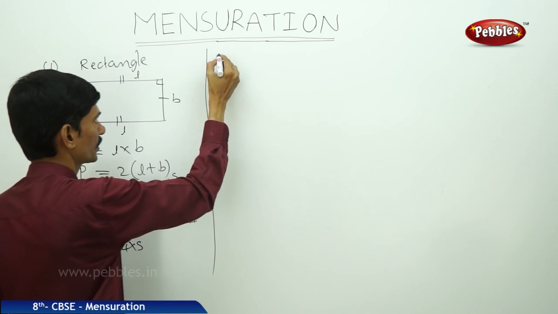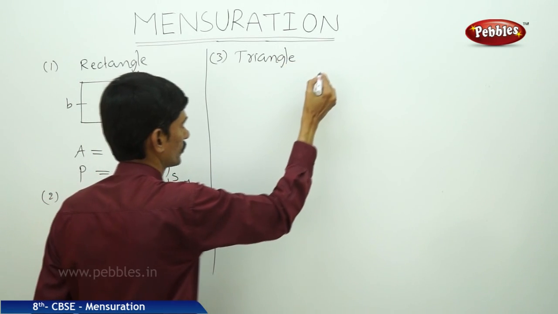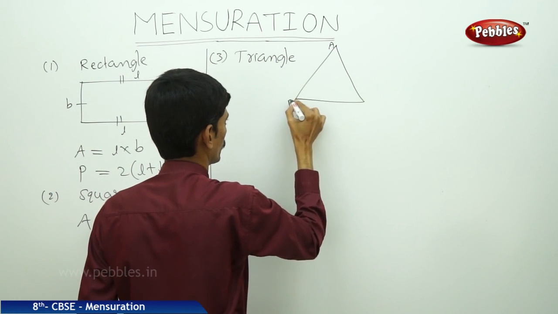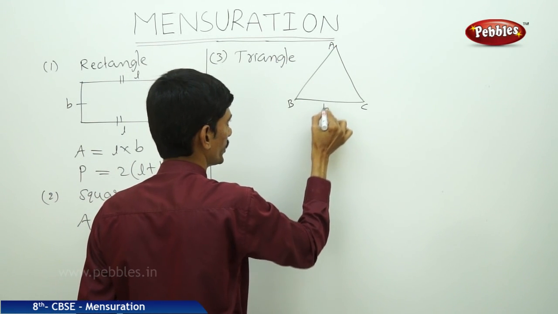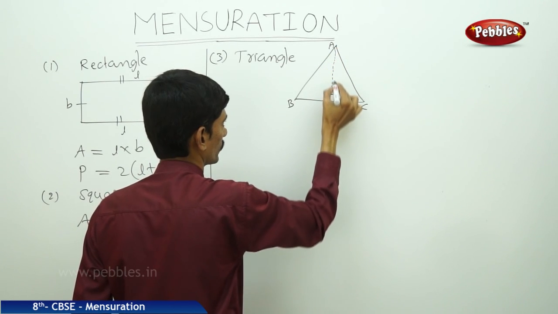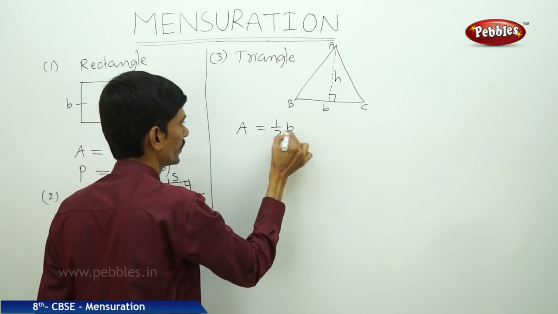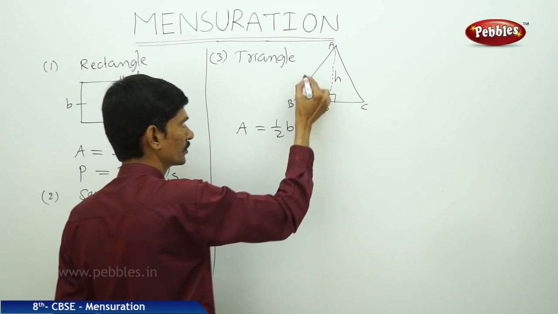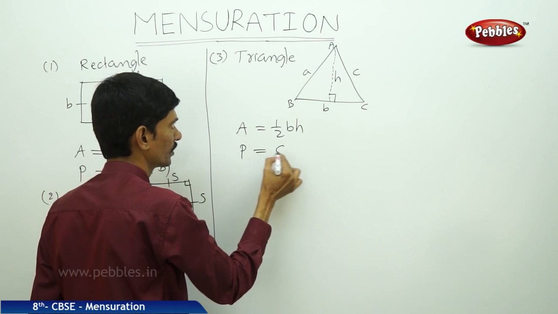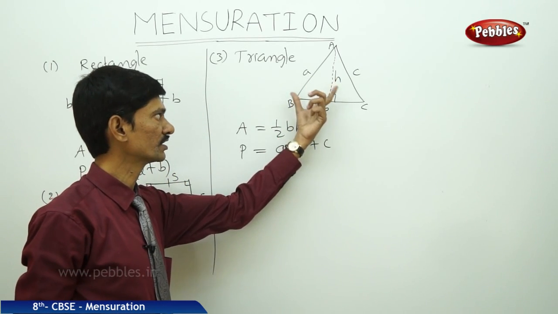Now consider a triangle whose base is B units and height H. Then area of the triangle A equals half into base into height. If the other two sides are A and C, then perimeter of the triangle is A plus B plus C, which is the sum of the lengths of the three sides.